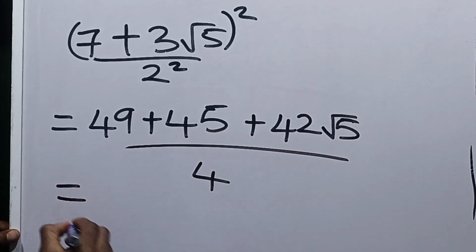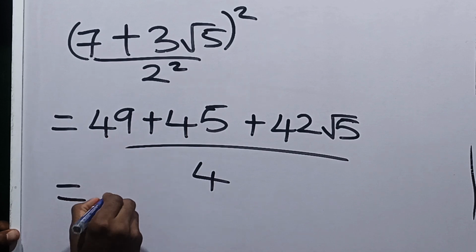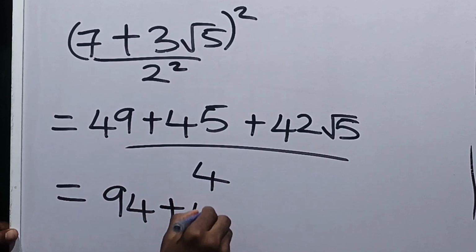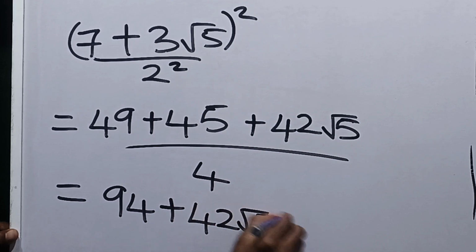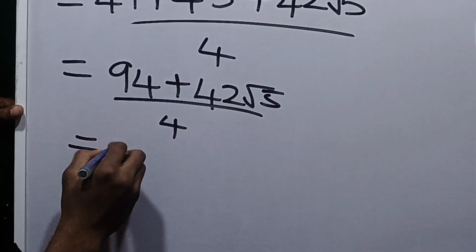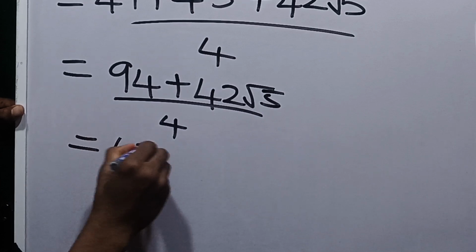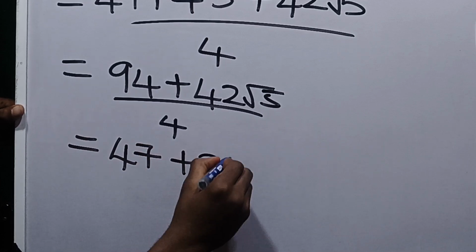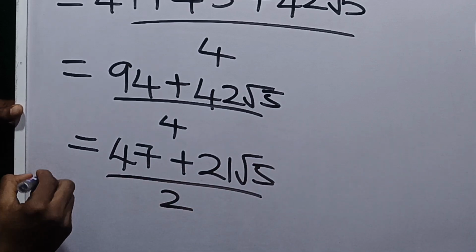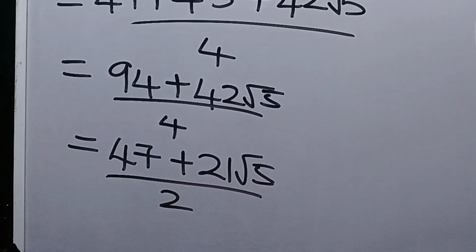This is now equal to 49 plus 45 is 94, plus 42 root 5, divided by 4, which is equal to 94 divided by 2 is 47, plus 21 root 5, divided by 2. Okay, now next thing, we are going to multiply this by this, which is what our y cubed is.